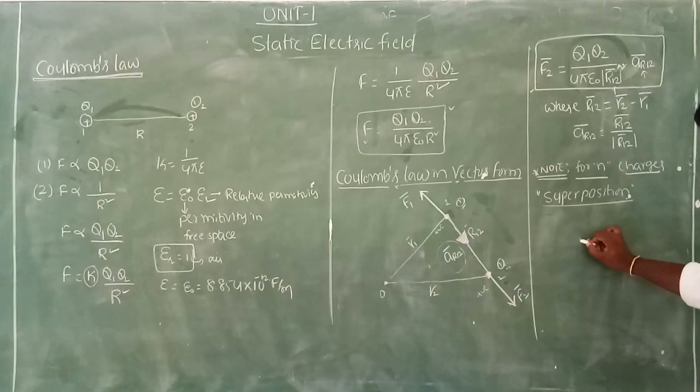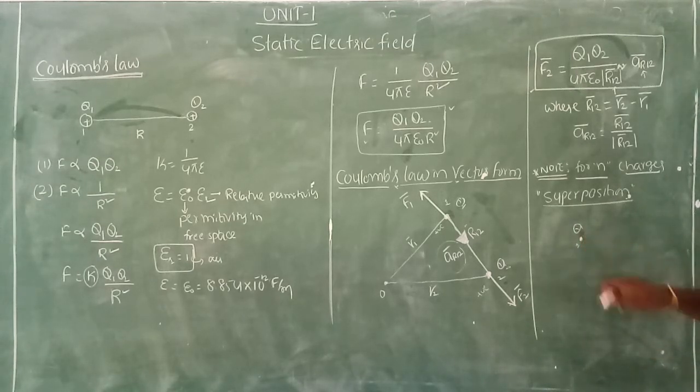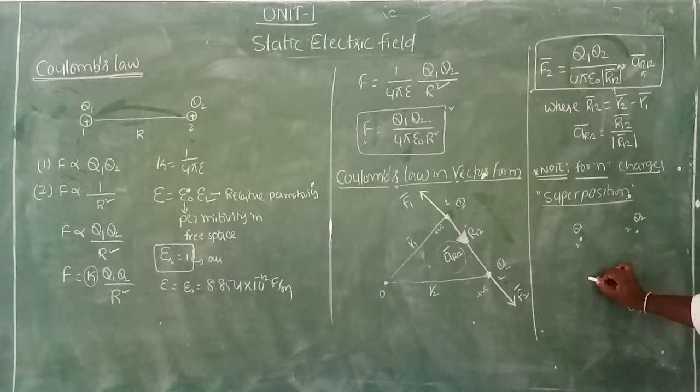I have charge q1 at position 1, with magnitude q1. I also have another charge with magnitude q2 located at position 2. I will take another charge with magnitude q3 at position 3. And I have one more charge, q.